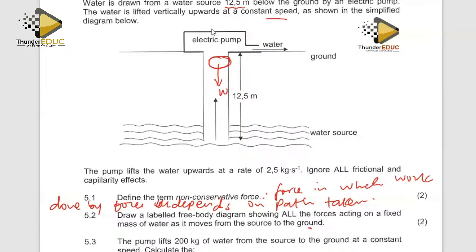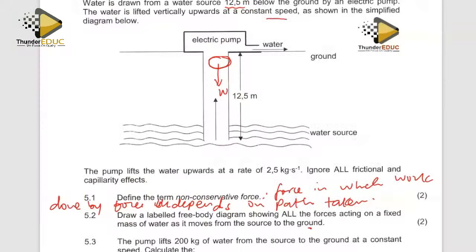Not really. The other one I could think of is that the water is going upwards, so there should be the force by the pump. So we have the force by the pump, and then the weight downwards, for 2 marks. It's reasonable.